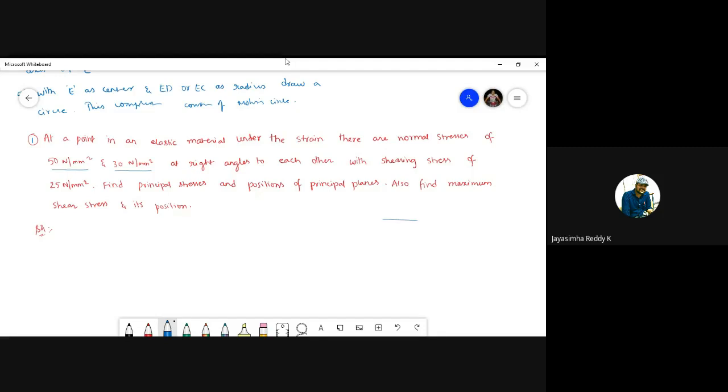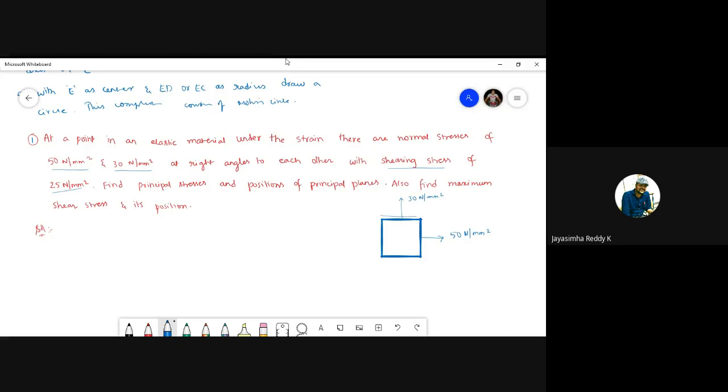If nothing is given, we'll consider it in this way, students. Take this as sigma x, 50 newtons per mm square, and this as sigma y, that is 30 newtons per mm square, and we have a shearing stress of 25 newtons per mm square.